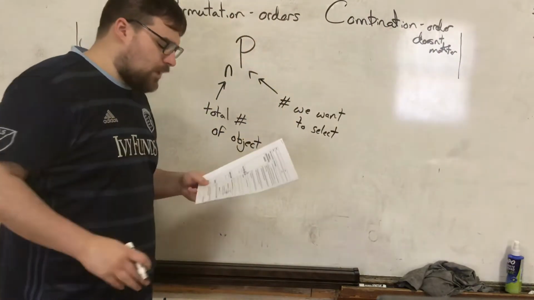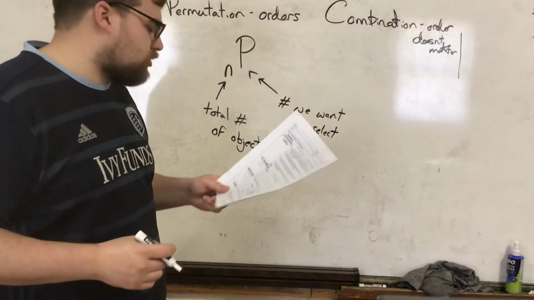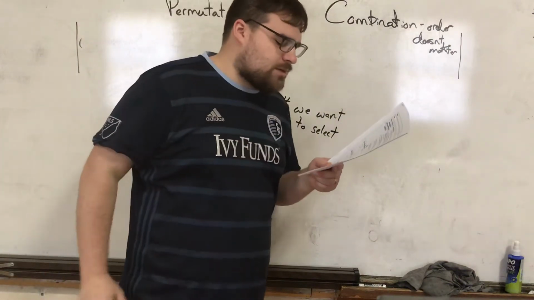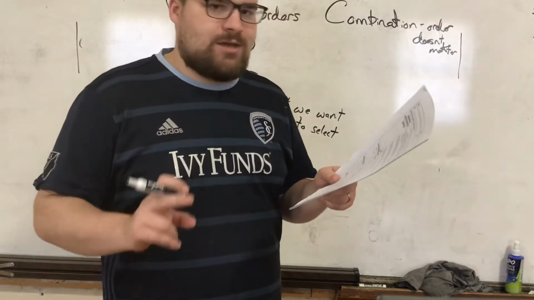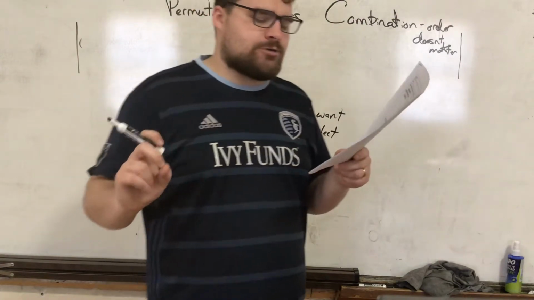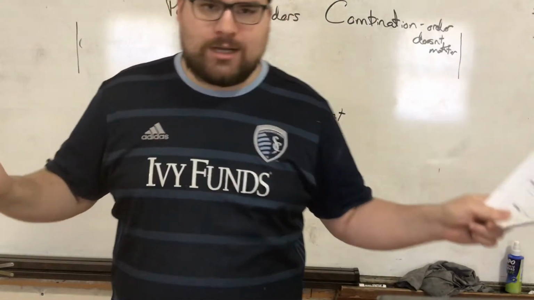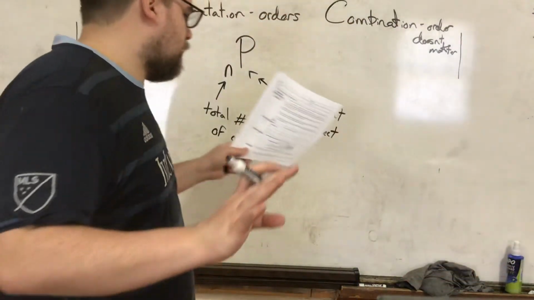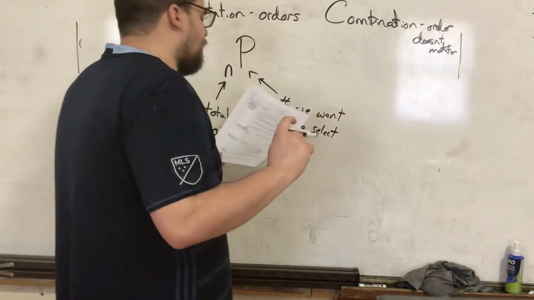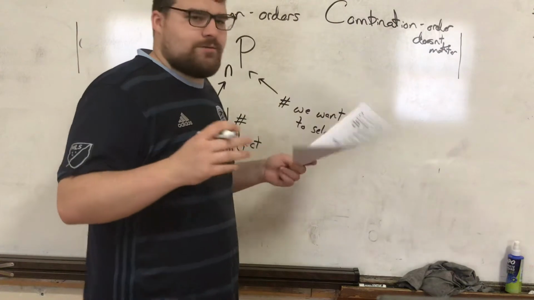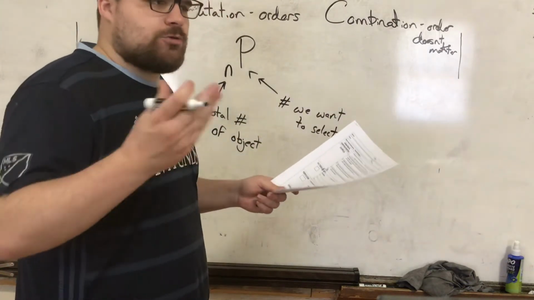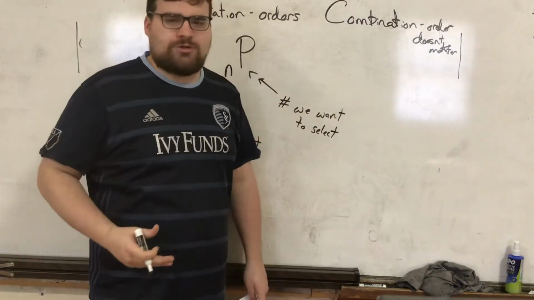So let's read a problem here and then we'll talk about the actual formula for it. It says, how many ways can you arrange the letters in the word dinosaur? It's interesting, right? So we're talking about the letters in the word dinosaur.